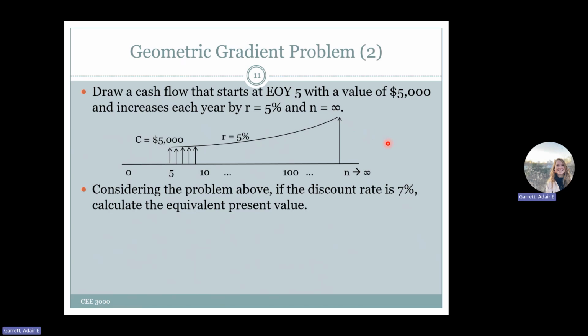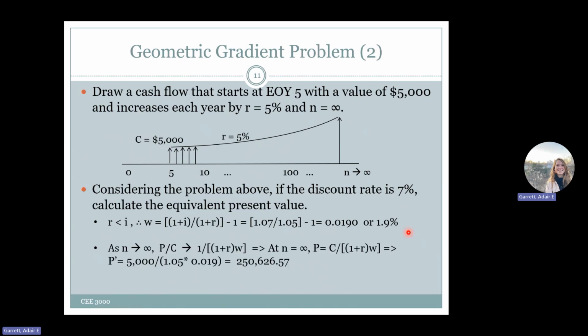And then we know that R is less than I, so we use the formulas given to us earlier. We're able to calculate our omega, which is 1.07 divided by 1.05 minus 1, or 1.9%. And so we know that we can use the formula for n going to infinity for R less than I. So P is equal to C divided by 1 plus R times omega.